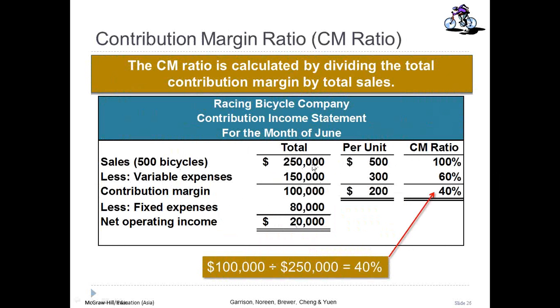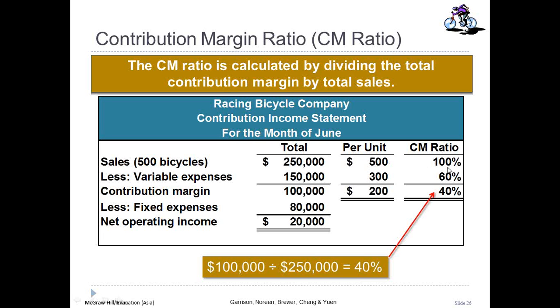Okay. Here are the pure dollar values, and we calculate, this is for 500 bicycles, $500 a bike, delivers $250,000 in sales revenue. Divide this total value by 500 bicycles sold, you have a per unit basis of $500 per unit.